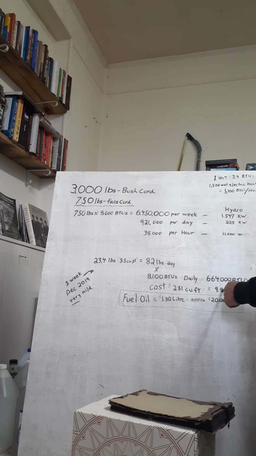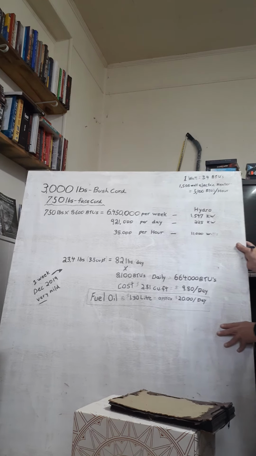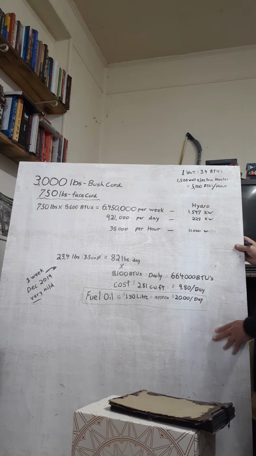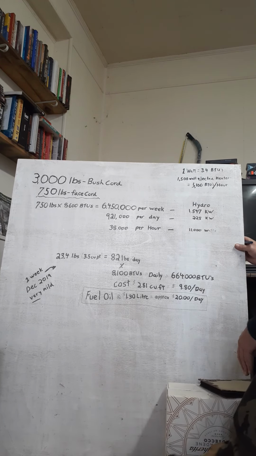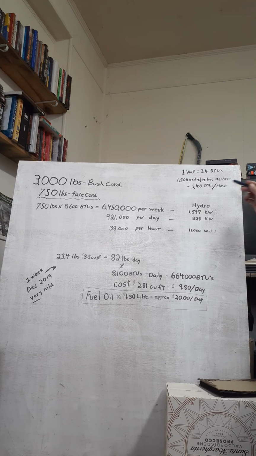Now, again, man, I hope that phone's aimed the right way. Move that chart over just in case. So, again, I can take my hydro, my fuel oil, I could take natural gas measured in cubic feet, propane, I think they rate it in pounds or liters, I don't know.